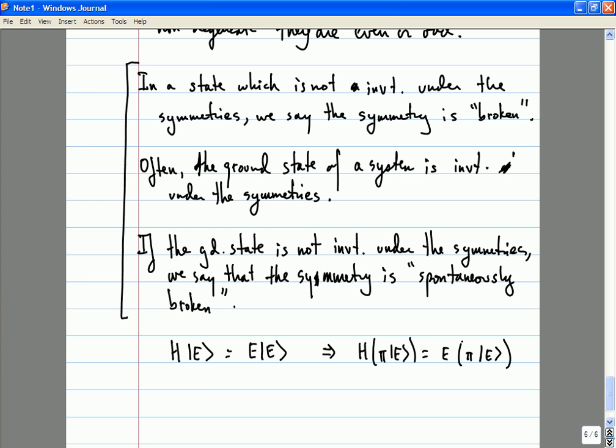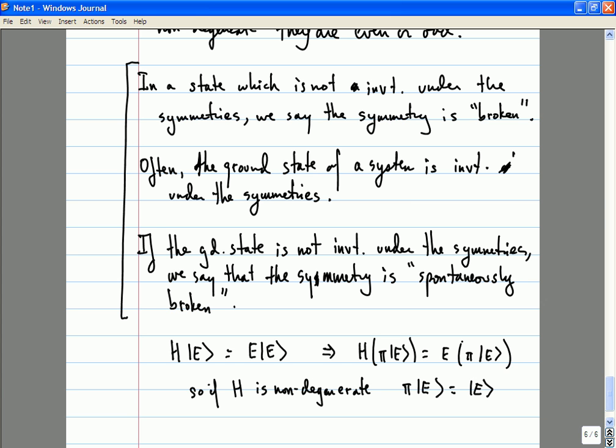So, for example, if the Hamiltonian is non-degenerate, meaning that all of the eigenstates of the Hamiltonian have distinct energies, then pi of E has to be equal to E. In principle, it could be a phase times E, but you can always just choose your normalization so that phase is 1.